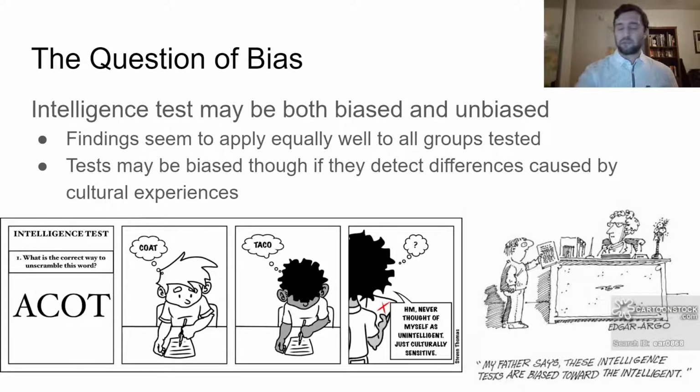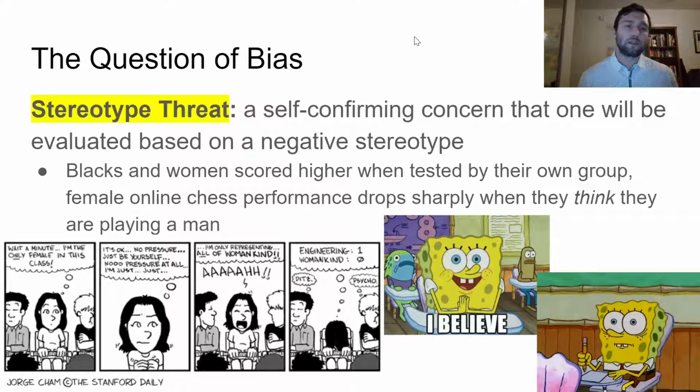So even though it's biased against these groups, it's still a good test because it gives us a good idea of what's going to happen later on. So there's a debate between those two sides: should tests be entirely unbiased, or is that bias okay because it makes our scores more applicable? We can continue talking about that.